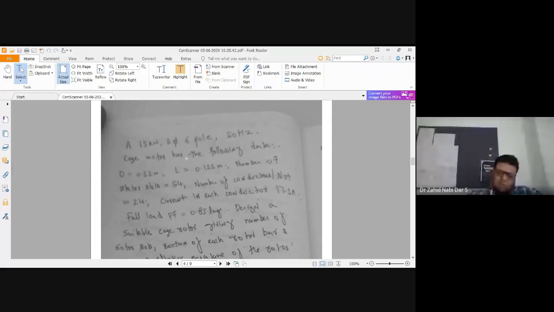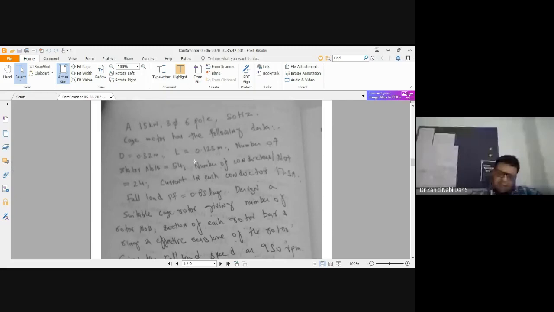So you can write Ns is equal to 120 f by P. You can calculate 120 into 50 divided by the number of poles. 120 into 50 is 6000. 6000 divided by 6 is how much? 1000. So if you have 6 poles, your Ns would be 1000. You can remember this. If you have 4 poles, it is 1500.